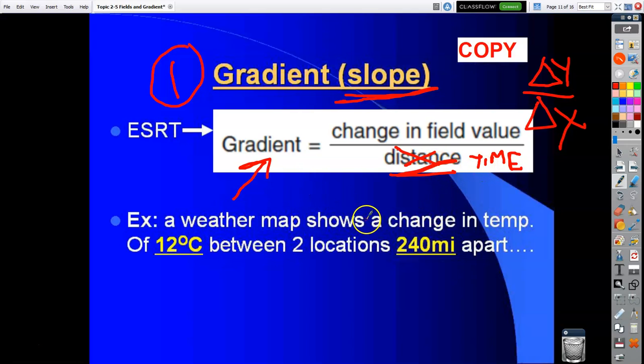So here's a simple example. Let's say you have a weather map with 2 cities. The 2 cities are 240 miles apart, and there's a difference of 12 degrees between them. They will say calculate the gradient. In this case, because distance goes on the bottom, my units are going to be degrees Celsius per mile. How many degrees Celsius per mile is the gradient between these 2 cities?